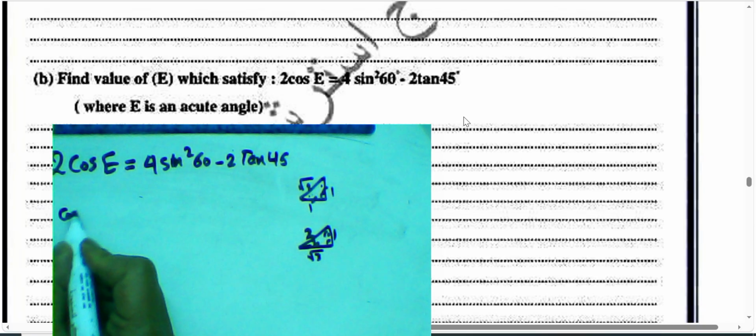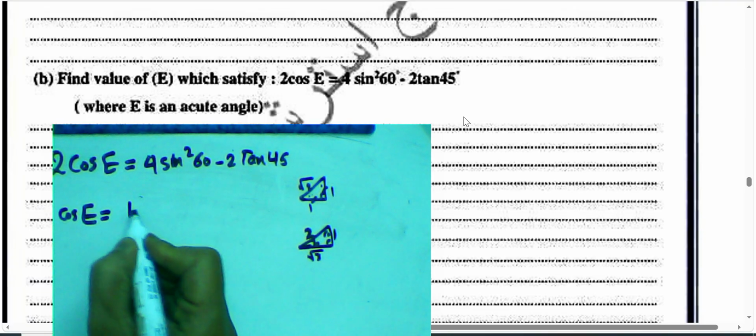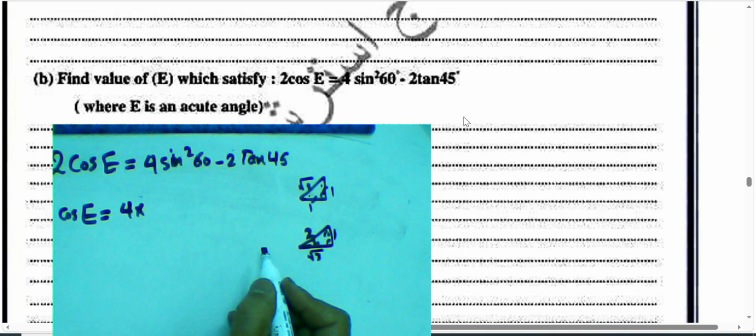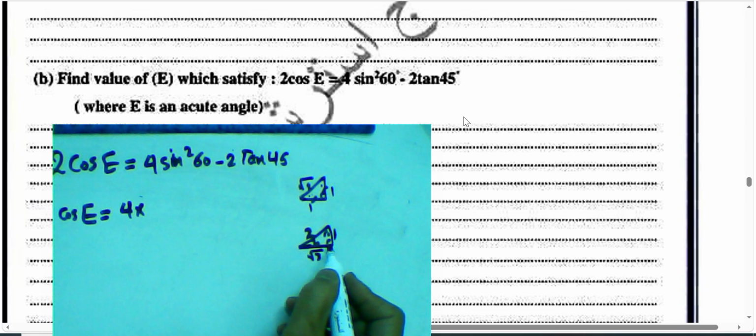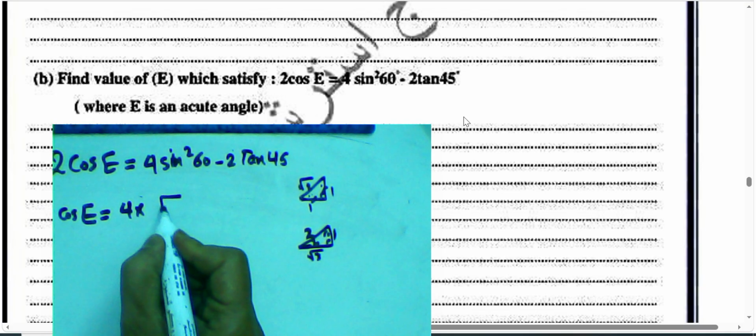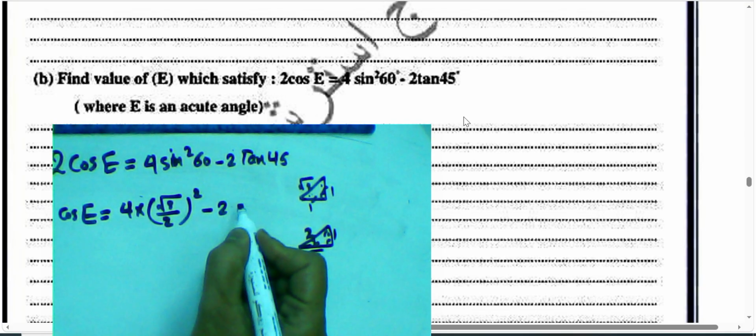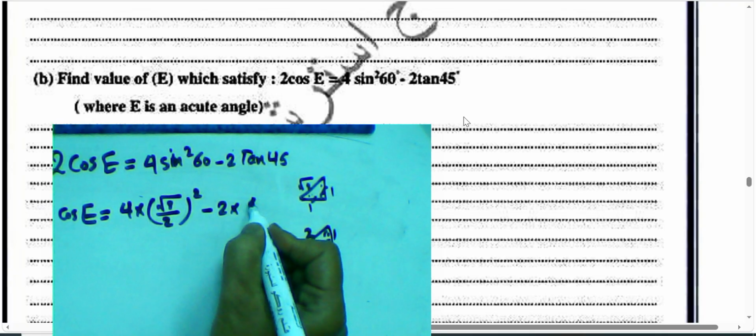Then 2 cosine e equivalent to 4 product by sine 60 squared. Sine 60 is opposite over hypotenuse, root 3 over 2. Right, root 3 over 2 all power 2. Subtract 2 tan 45, which is 1.